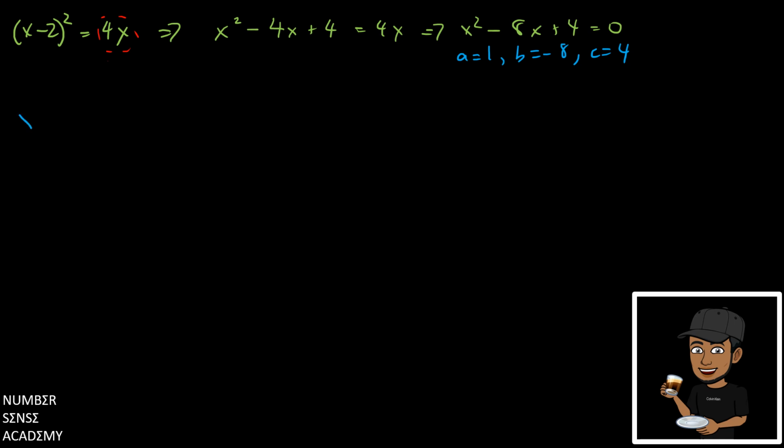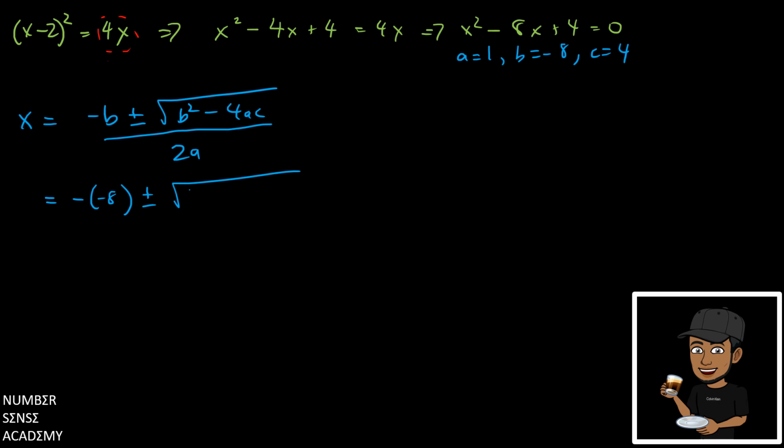Again, I'm going to write it out. So x is equal to negative b plus or minus the square root of b squared minus 4ac over 2a. So my values are b is negative 8, so I have negative of negative 8 plus or minus the square root of negative 8 squared minus 4 times 1 and then times 4, over 2 times 1.